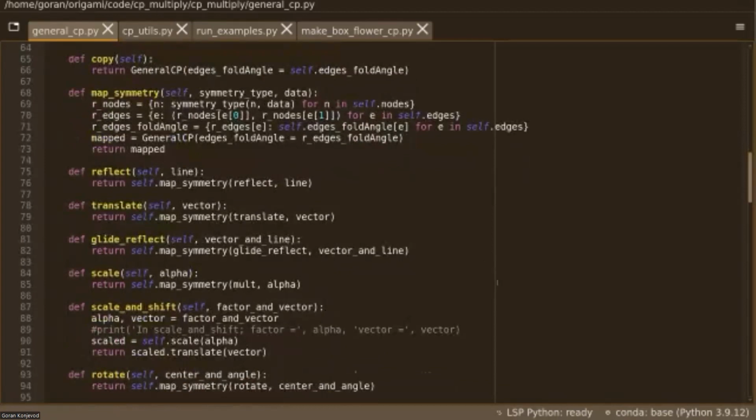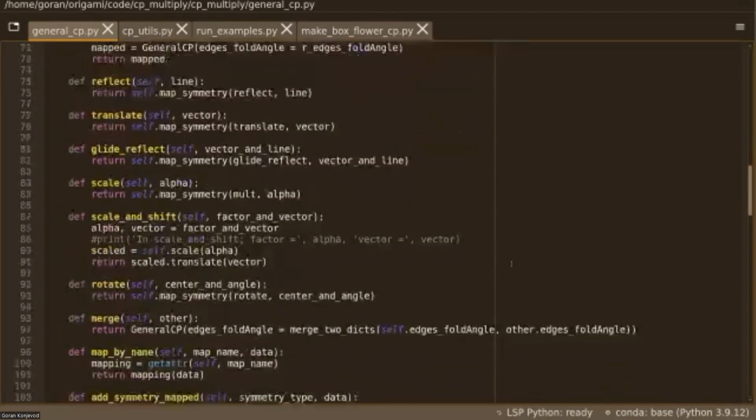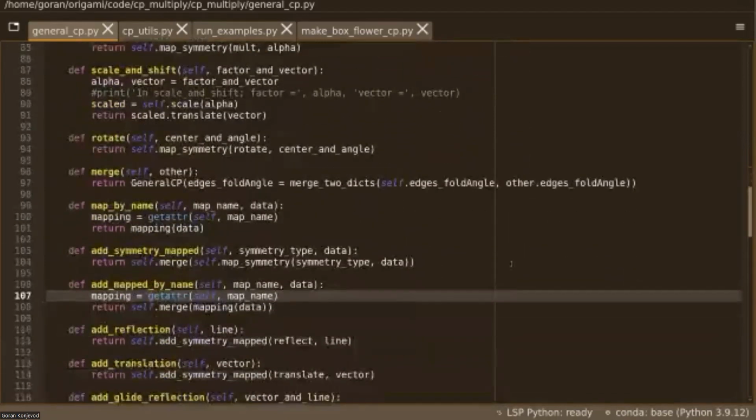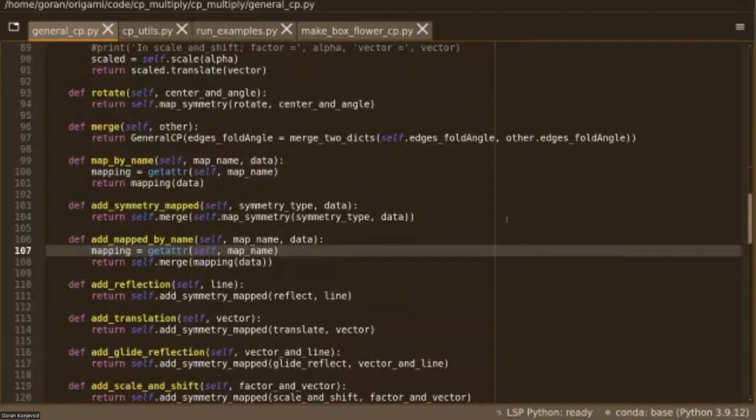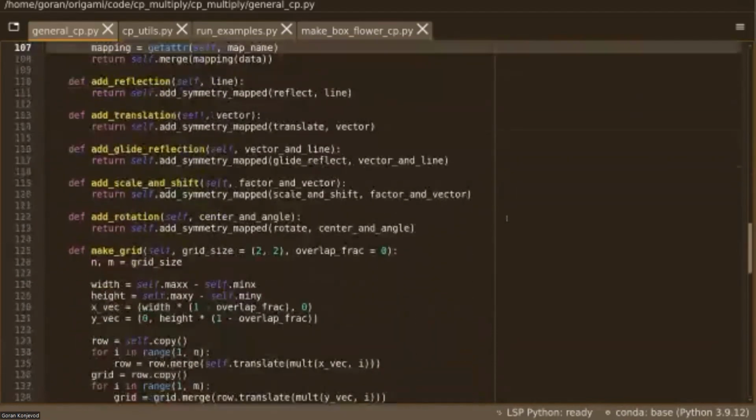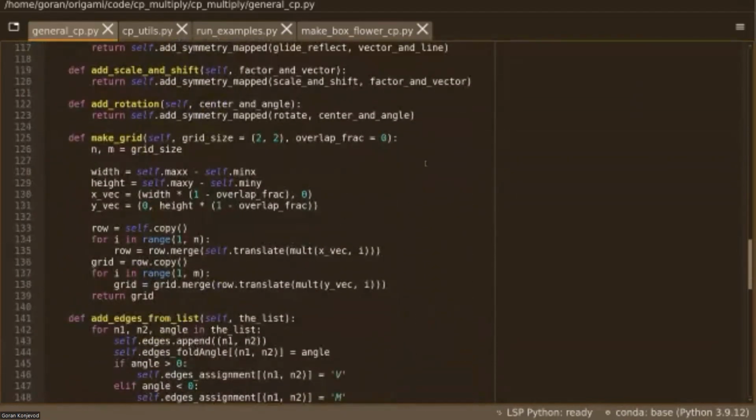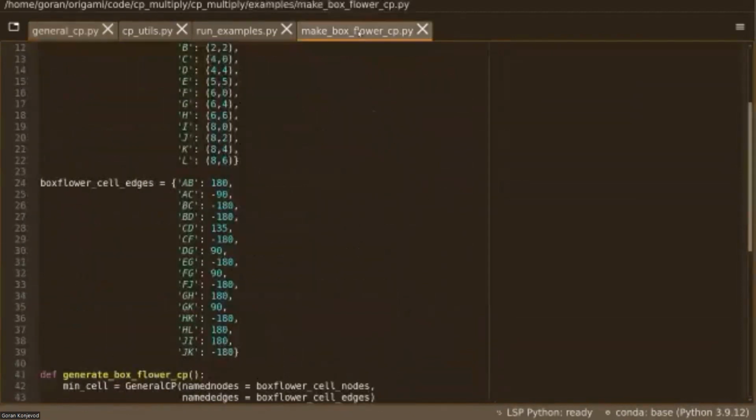It can be a scaling, that's not necessarily a symmetry, but scale and shift, rotation, merging, and then some other helpers, and then specifically adding a copy of the pattern after applying a symmetry to it. That's super cool.